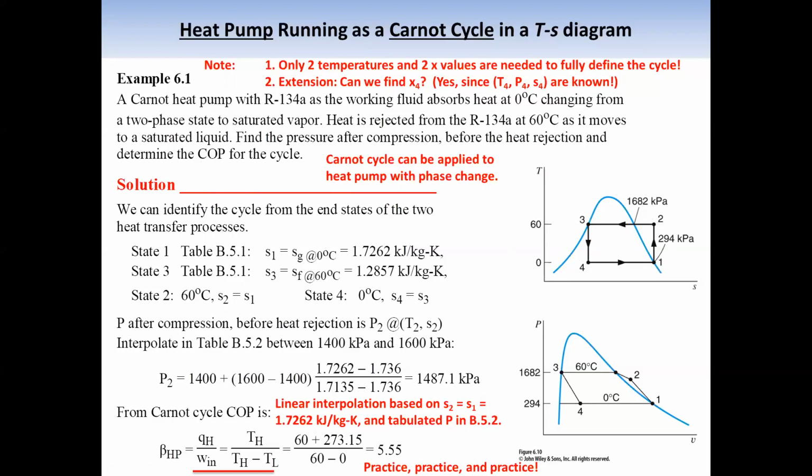To begin the analysis, we know state 1 and 3 are on the saturation curves. This is a phase envelope. Therefore, this represents saturated vapor, this represents saturated liquid. So if their temperatures are given, their states are fully given. These two are fully given. Now let's look at state 2.